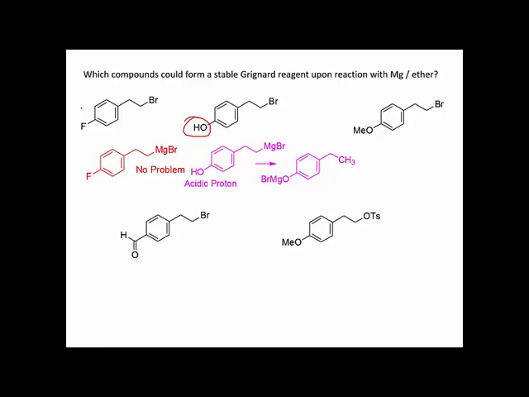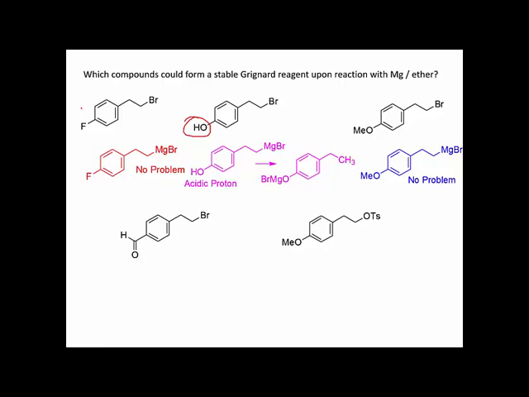It can react with another molecule of itself, and eventually you're just going to make the compound that's an alkoxide. All right, this one is fine. Ethers can make Grignard reagents without any problem. In fact, remember that ether is the preferred solvent for making a Grignard reagent.